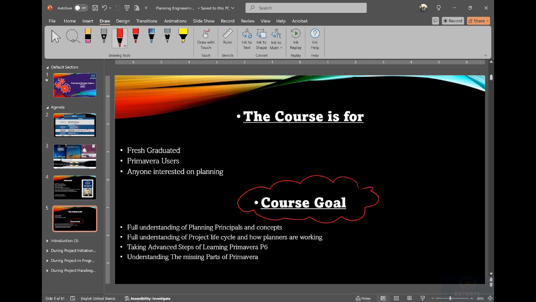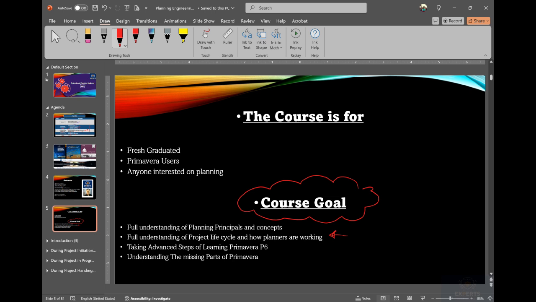Full understanding of the project life cycle and how planners work: how planning deals with the first step, mobilization in the project, while the project is going on, and when the project is in the demobilization stage, how we deal as a planner in this stage.